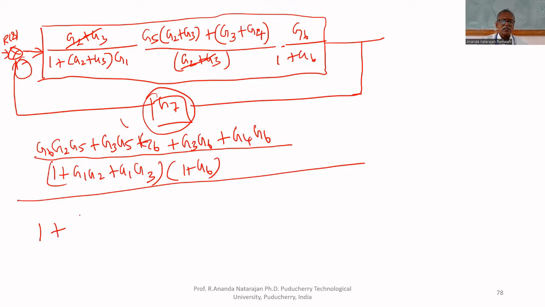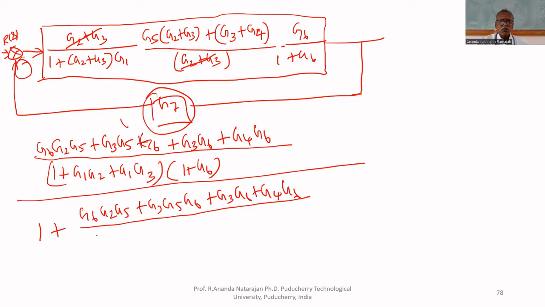We have to write as such G6, G2, G5 plus G3, G5, G6 plus G3, G6 plus G4, G6 upon 1 plus G1, G2 plus G1, G3, multiplied by 1 plus G6 multiplied by what is in the feedback, G7. Now, if we take LCM, these two will get cancelled and the 1 plus 1 becomes this denominator part.